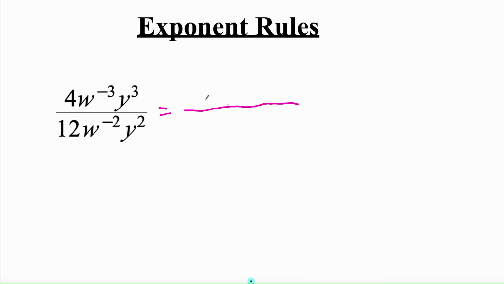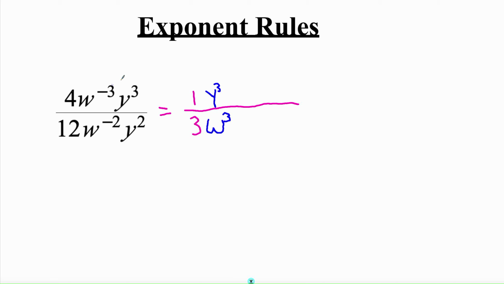So 4 over 12 is 1/3. And then I'm going to go through and look at all the variables, and I'm going to rewrite everything. So w to the -3 needs to move, so I can write that exponent positive. Y to the 3rd will stay in the numerator, so now I need to rewrite it.